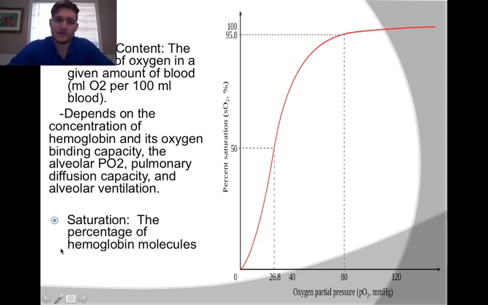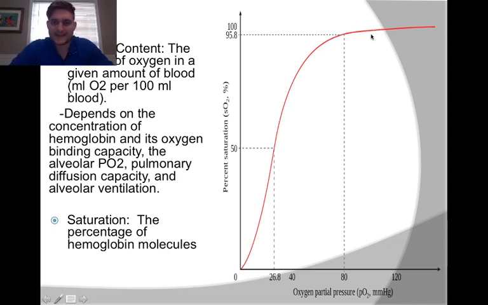And so we call the percentage of hemoglobin bound to oxygen saturation, right? And so if we're in a place where the oxygen partial pressure is high, think about the lungs. This is where the PO2 is probably going to be the highest throughout the whole body.